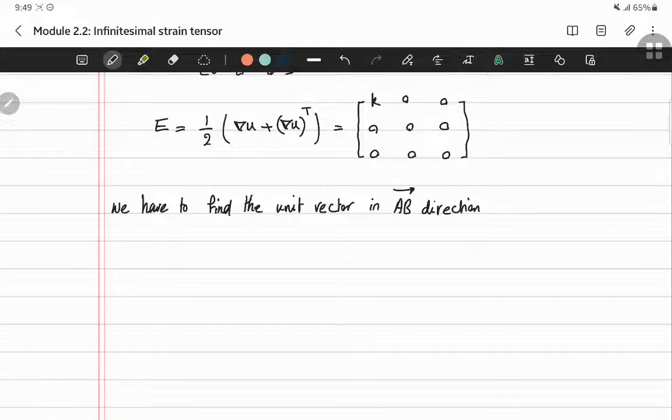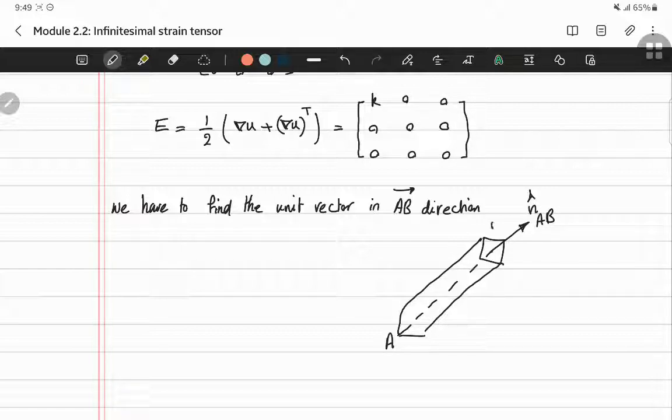Think of it like this is, for example, your part. This is AB, and this definitely has a cross section, something like this. This is A, this is B, and this is the cross section. So you're going to find N in the direction of AB.